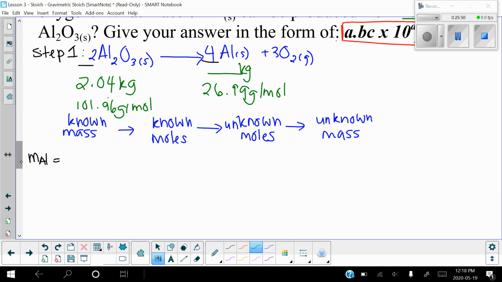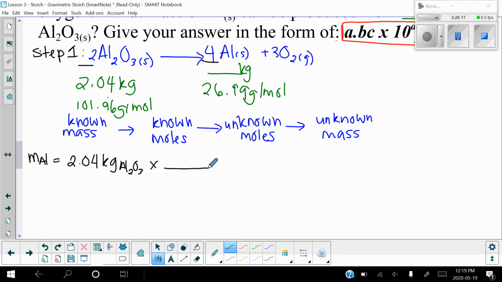Now, I'm going to start with my known, obviously. 2.04 kilograms of aluminum oxide. Now, if you feel uncomfortable doing it this way, you don't have to. You can most definitely convert it into grams. But I just want to show you this way as an option.